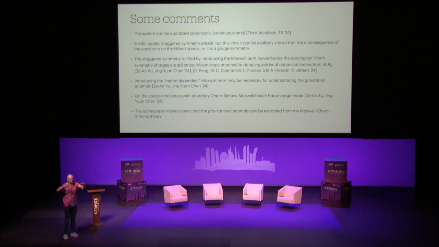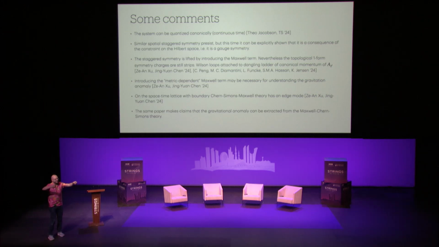They are claiming that in order to understand the gravitational anomaly and the edge mode, you need to introduce this Maxwell term. And in continuum, indeed, you need to gauge fix and introduce a metric in order to quantize Chern-Simons theory, as Edward pointed out a long time ago. And then you find this gravitational anomaly.